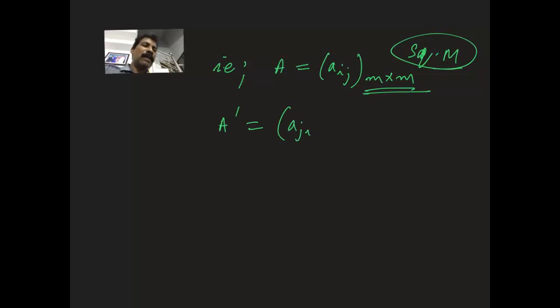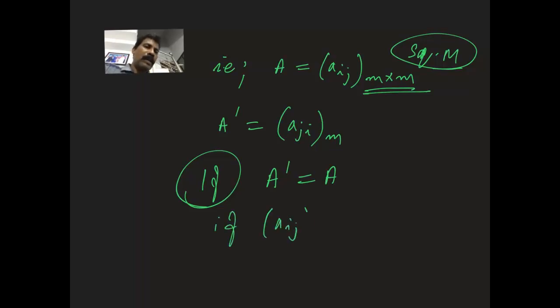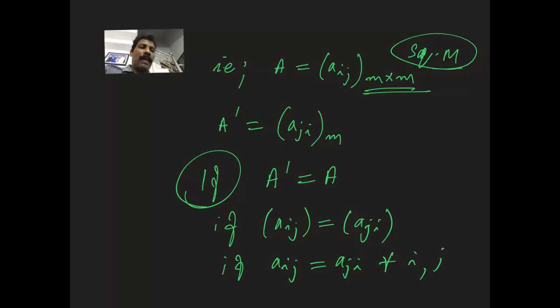That is equal to Aji of order m by m. Then if A dash is equal to A, that means if Aij is equal to Aji for all i, j, then we can say capital A is a symmetric matrix. Now skew symmetric matrix.